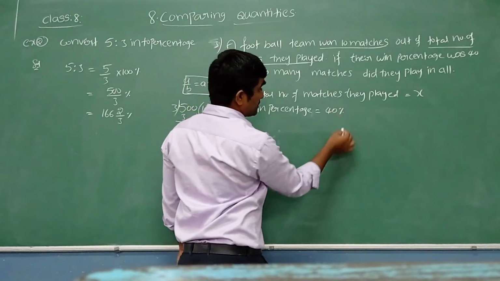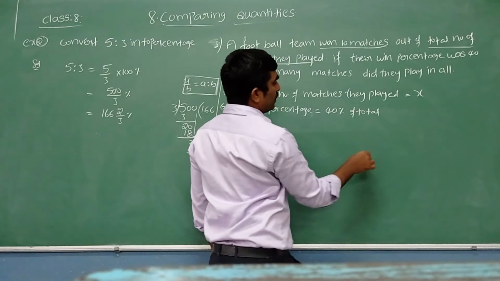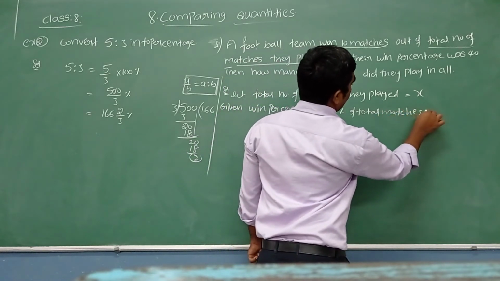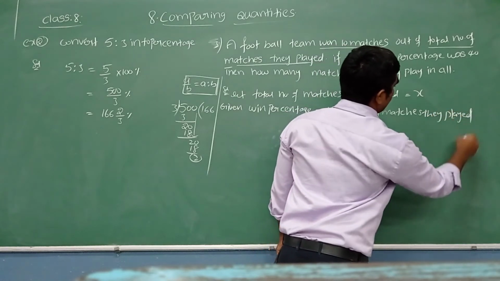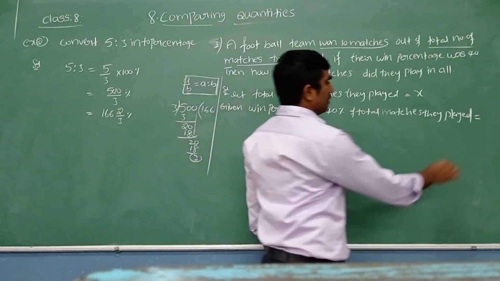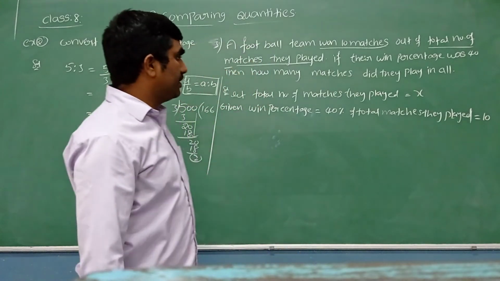It is 40% of the total matches they played. The number of matches they won is 10, so it is equal to 10.